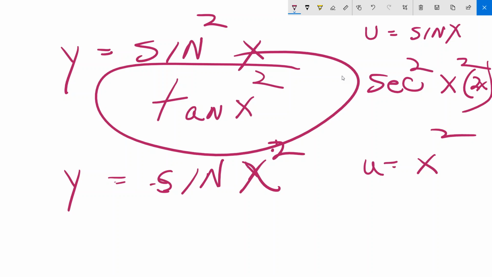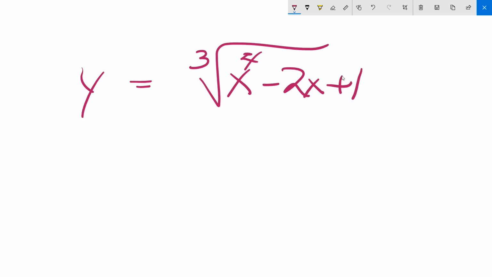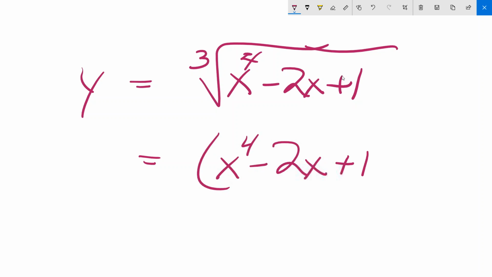So knowing what u is is critical sometimes. Most of the time not. You don't have to get that deeply into it most of the time. It's going to be clear. This is probably the hardest case I can think of when I'm teaching people the chain rule, so use this as a big example, because it doesn't get much harder than that. In other words, if I give you something like the cube root of x to the fourth minus 2x plus 1, well, that's easy to see what the inside and outside is, right? Yes, sir. If I convert it to this, to what power?